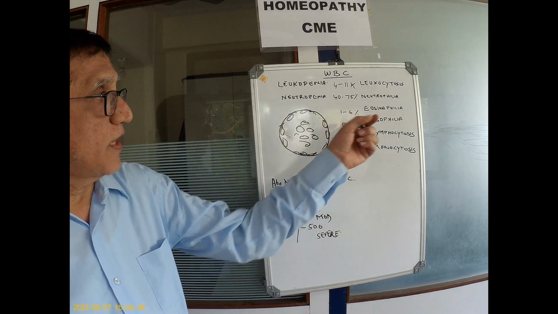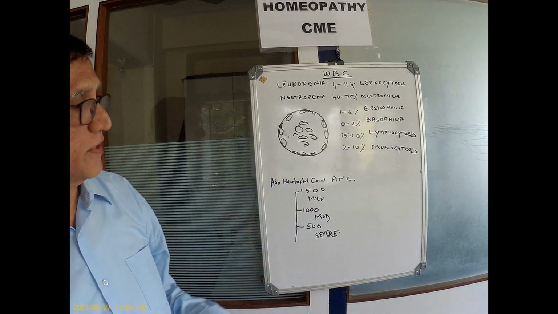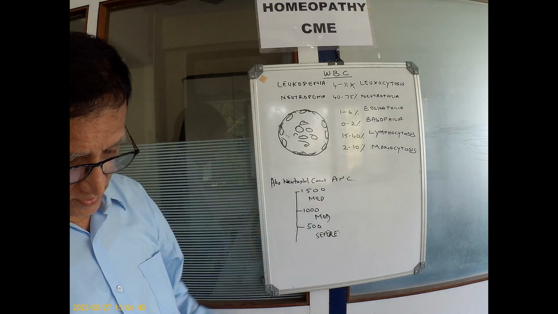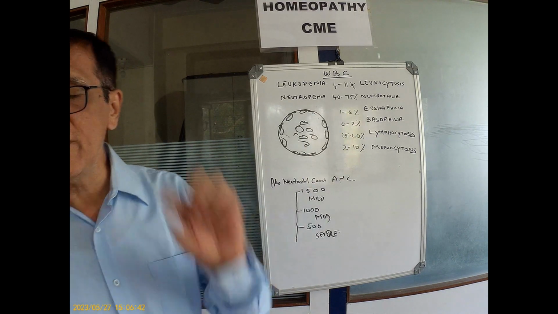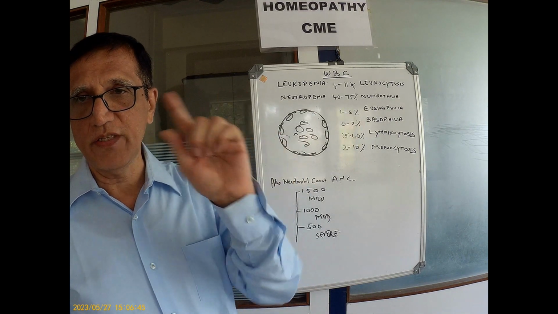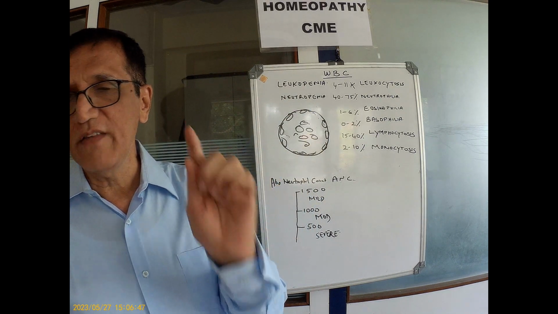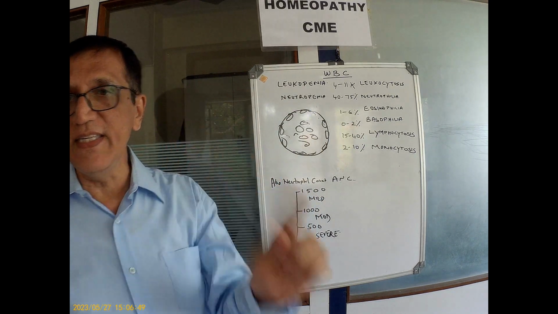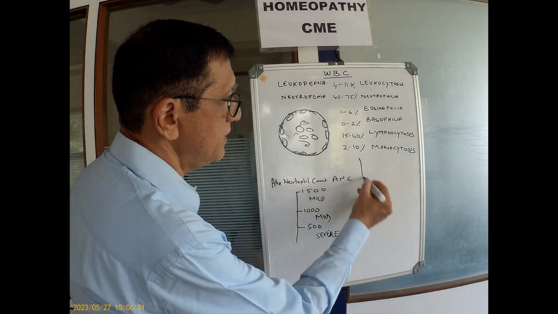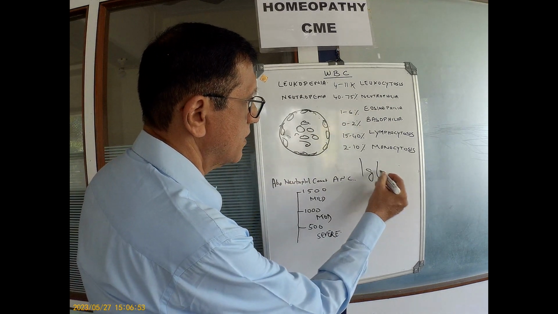Now basophils, the same granulocyte, are the least abundant. What they have is special receptors on the cell membrane, to which immunoglobulin IgE gets attached.